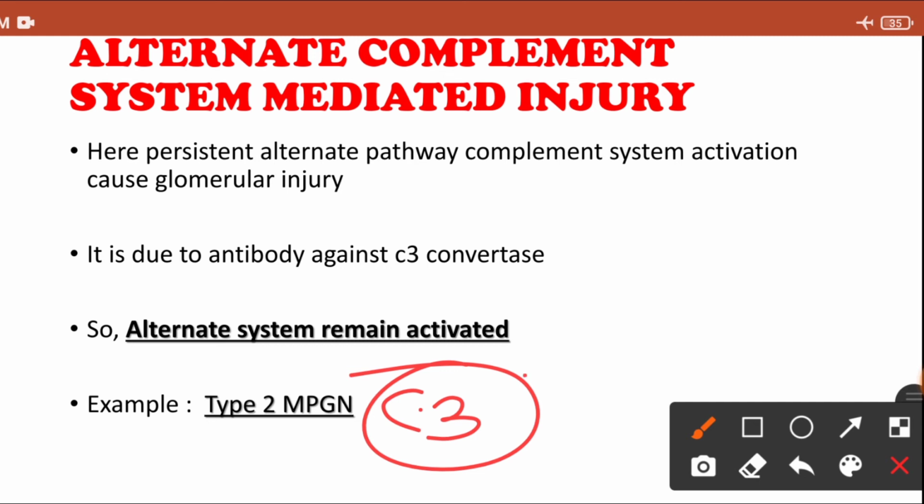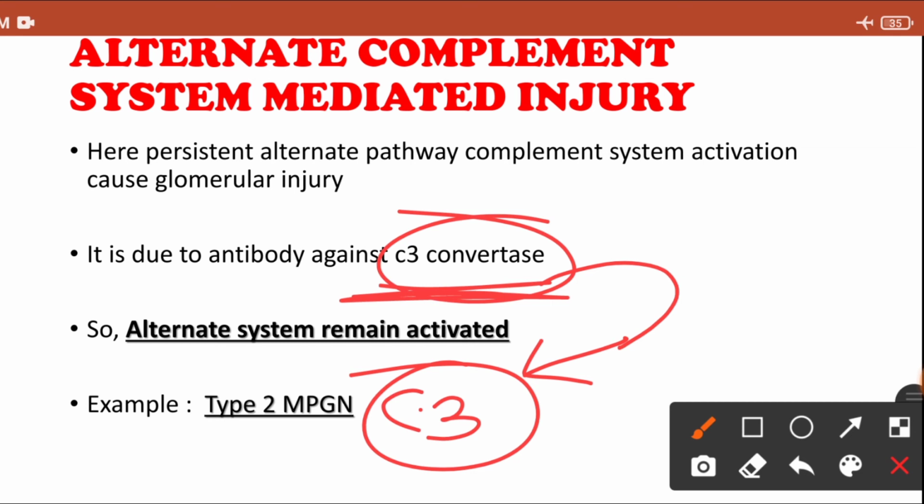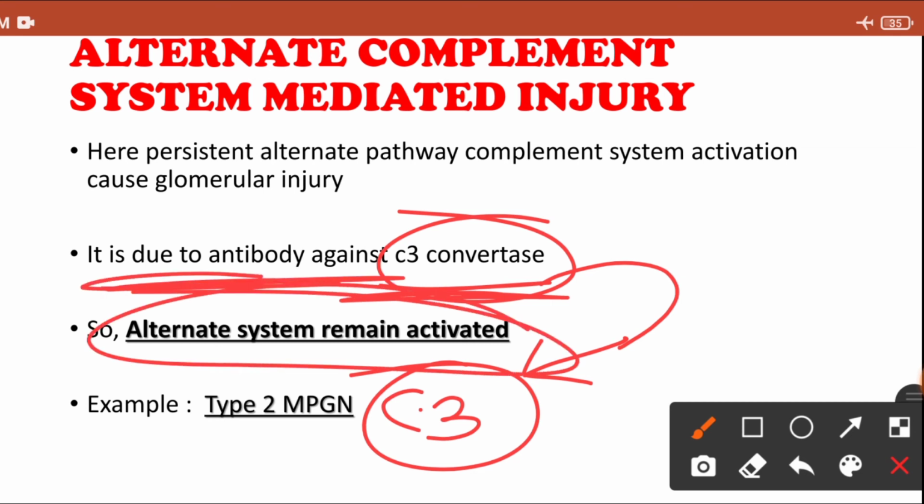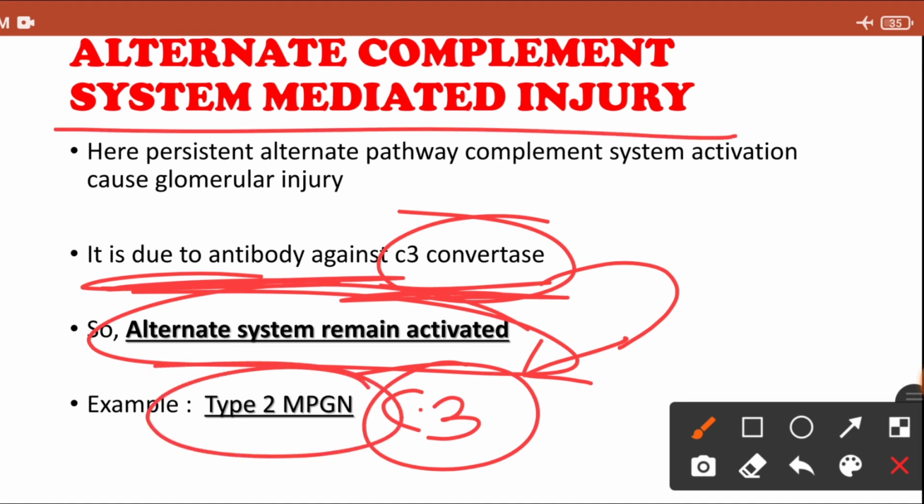Understand, this C3 is broken down by one enzyme, that is C3 convertase, which stops the C3 activation. So if you have an antibody against the C3 convertase, then the alternate system will go unchecked, and the alternate complement pathway will be permanently activated. So it can lead to type 2 membranoproliferative glomerulonephritis. The example is type 2 MPGN, which is an important MCQ.